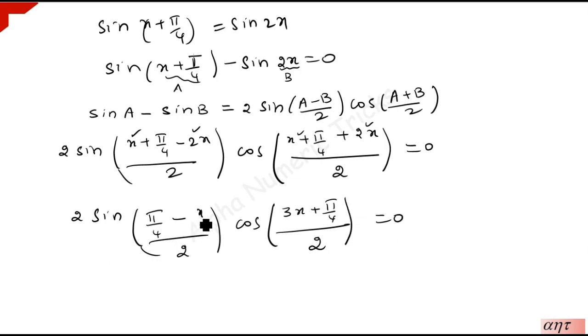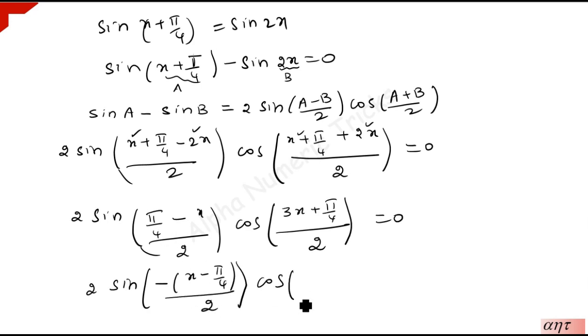Or you can take a minus outside: 2 into sine of, taking minus outside, x minus pi by 4, where x becomes positive and this becomes negative, over 2 into cosine of 3x plus pi by 4 over 2 is equal to 0.